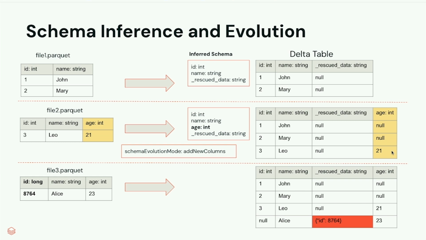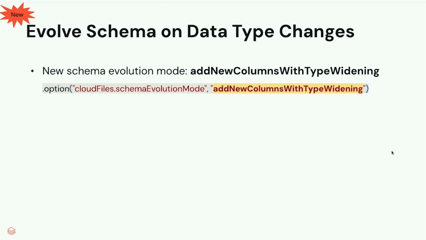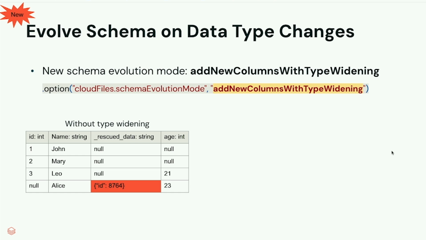So this was a constant pain for a lot of our users. What we did was add this new mode called add new columns with type widening, and this takes advantage of the Delta type widening feature to make sure that if a conforming type change happens for a particular field, we should be able to widen the destination schema as well.